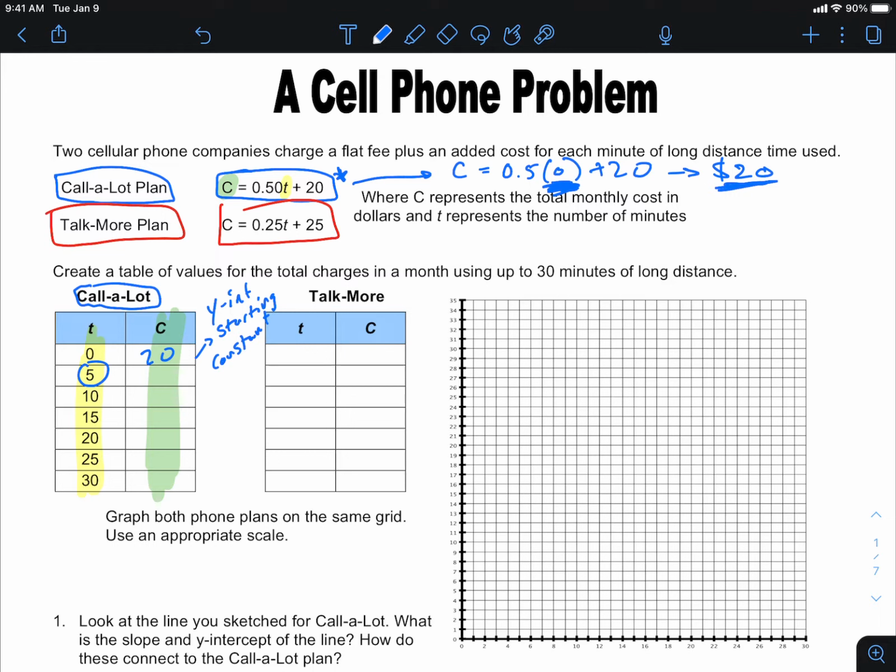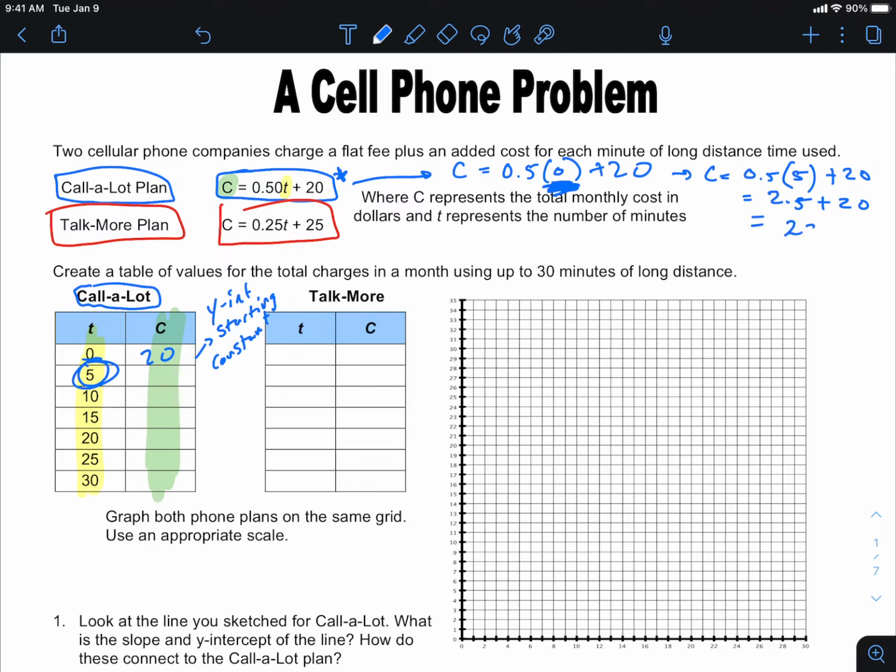So let's just, for instance, pretend I'm going to plug in C is equal to 0.5 times, I'm going to do 5 this time. Oh, I forgot the plus. 0.5 times 5 plus 20, right? So you're going to go, well, half of 5 is going to be 2.5 plus 20.